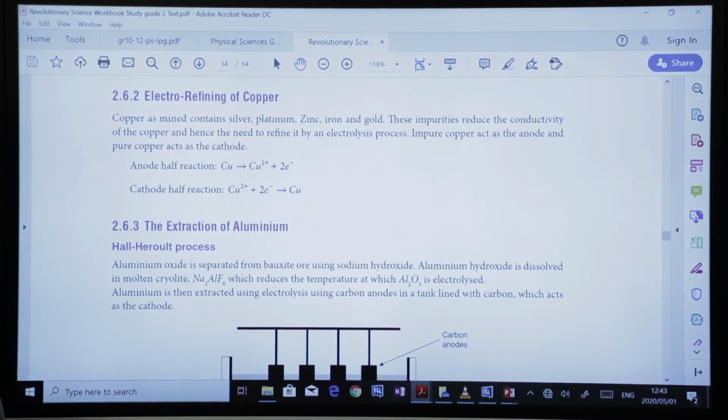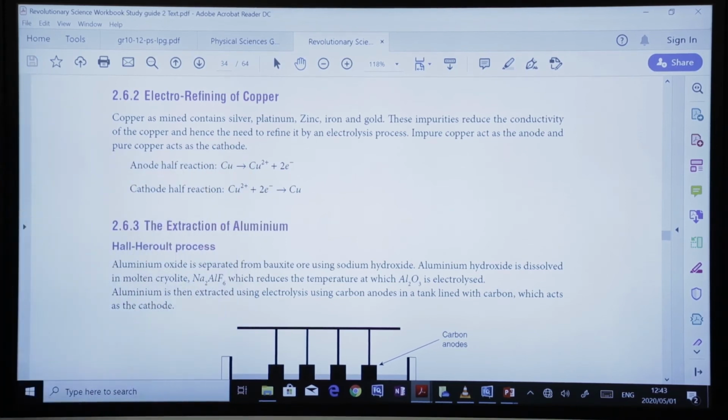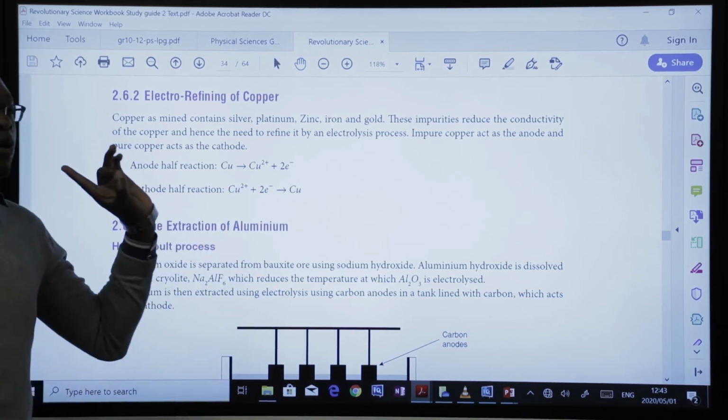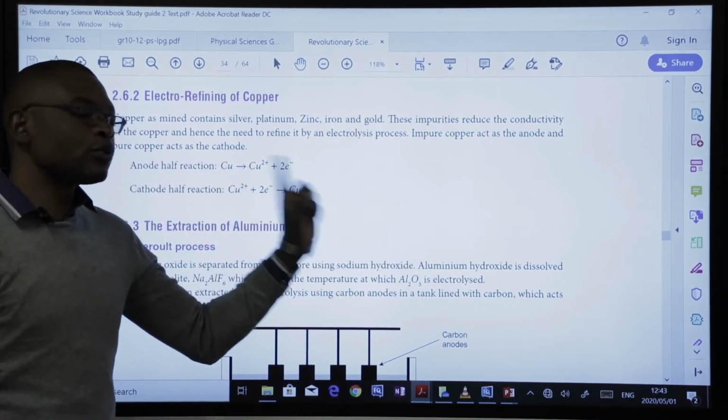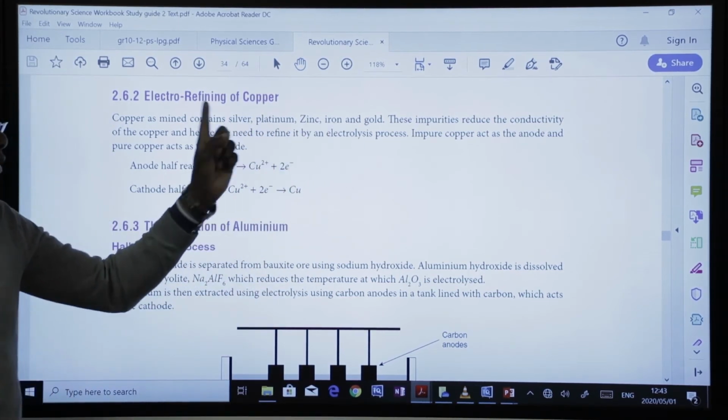These impurities reduce the conductivity of the copper, hence the need to refine it by an electrolytic process. So to improve the conductivity of copper, we need to remove all these impurities.